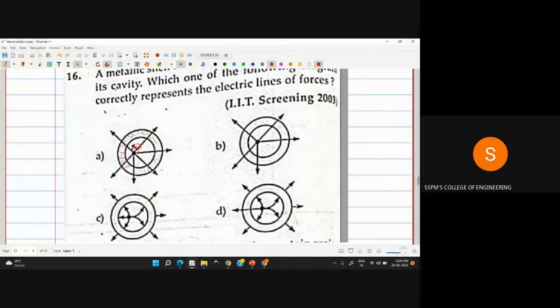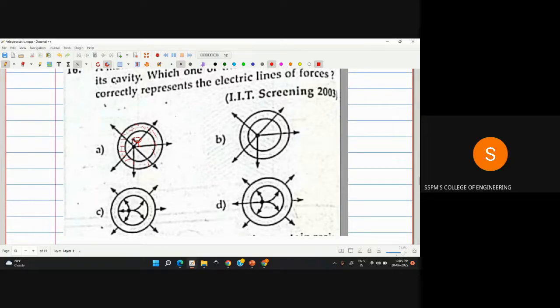In fact, an electromagnetic wave also cannot propagate in a conducting medium. You can experience the example of the mobile. You cannot receive the mobile signal inside the room if the room is closed, because the walls of the room act as a conducting medium, and the electromagnetic wave cannot pass through the conducting medium, isn't it? So that is an important property.